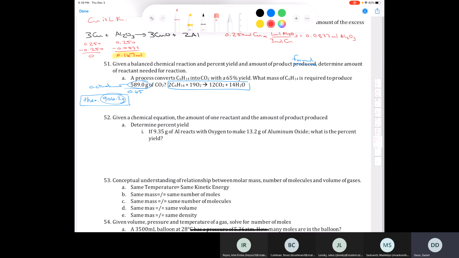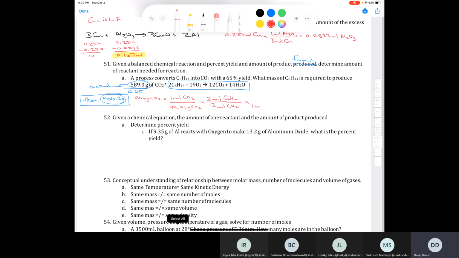Let me show you. I'm going to want to make 906 grams of CO2, and I know that in 1 mole of CO2, I've got 44.01 grams of CO2. I know that for every 12 moles of CO2 that's formed, I'm going to consume 2 moles of C6H14, which is called hexane.